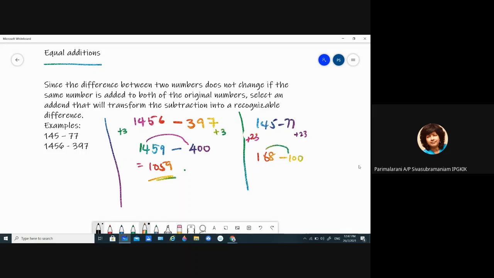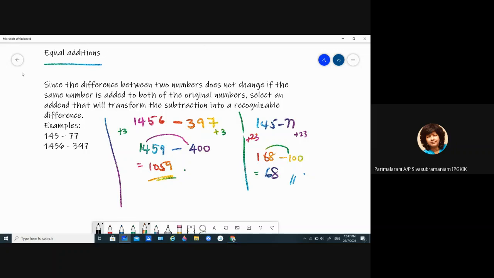So I minus 100 here. I will have 158. Oh, sorry, I have 68. Okay. So this is the equal addend strategy.